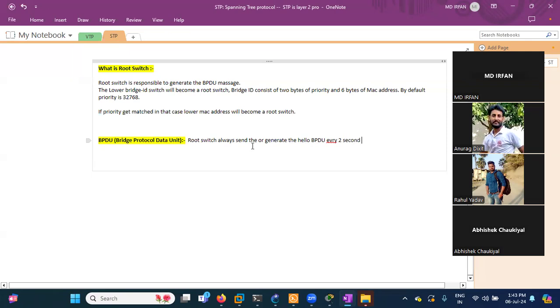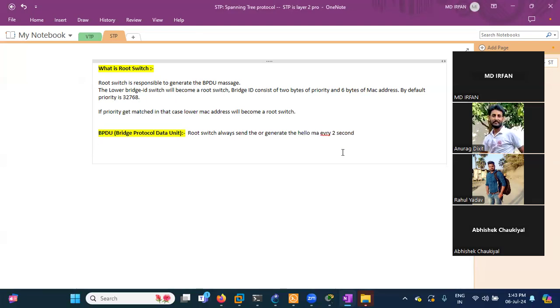The root switch always sends or generates the hello message like that. Hello message every 2 seconds. That is known as BPDU message.